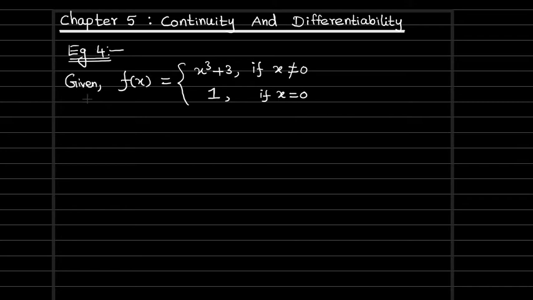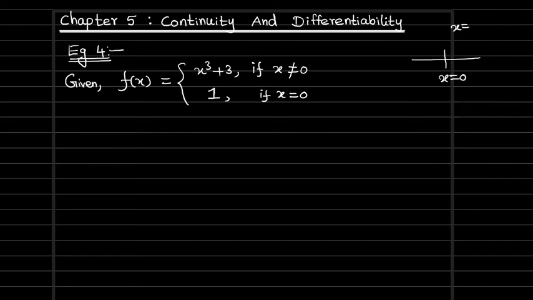So basically we need to show the function is not continuous at x equal to 0, right? While testing the continuity, if the condition fails, we can say it's not continuous. What is the condition? When a function is continuous at a particular point x equal to 0, that means the f of 0 value, left hand limit and right hand limit coincide. If they do not coincide, we will say the function is not continuous.